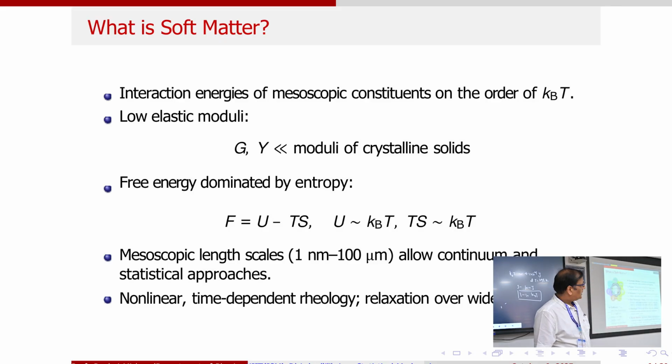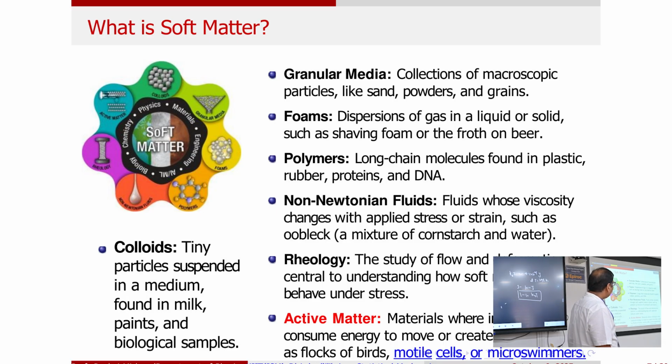This slide tells us that soft matter is actually an interdisciplinary area of physics, materials, engineering, AI, ML, biology, chemistry, everything comes into the picture. Colloids are one kind of soft matter, made up of tiny particles suspended in a medium. Then granular media like sand, powder, and grains.